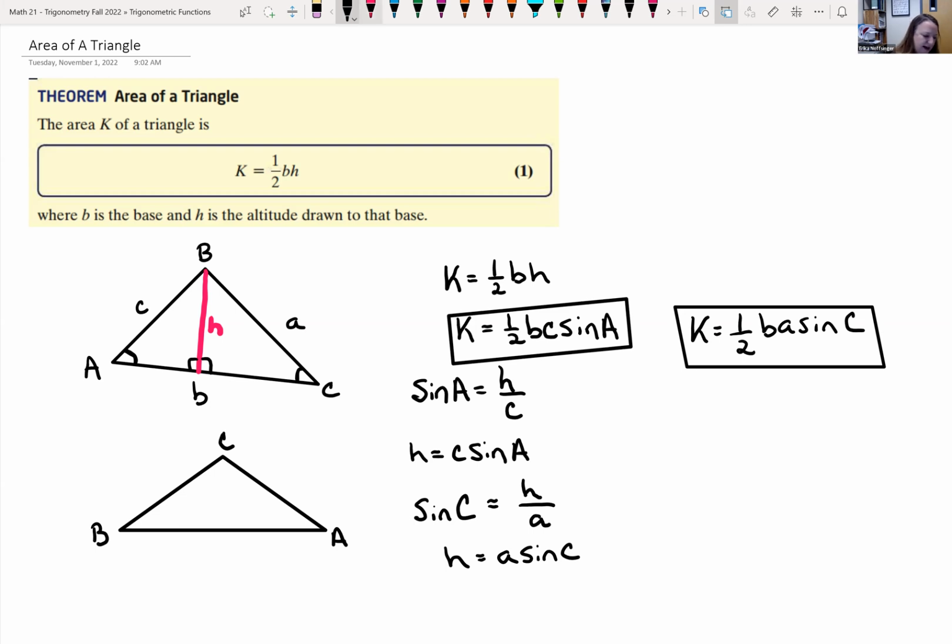We can create, again, a different height.